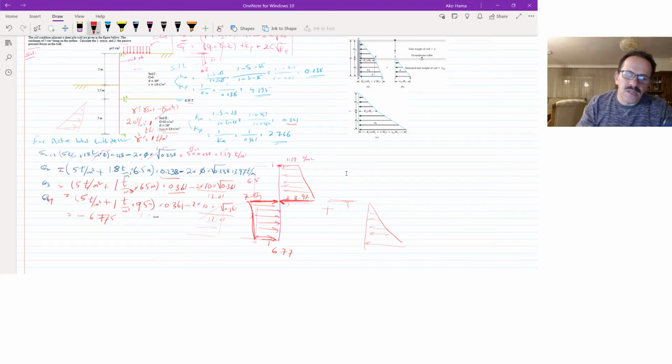So that's why we didn't add the water here this way. Sorry, no, we have to add it here because there is no water here. We have just the soil here. So what we have to do is to add the water this way.